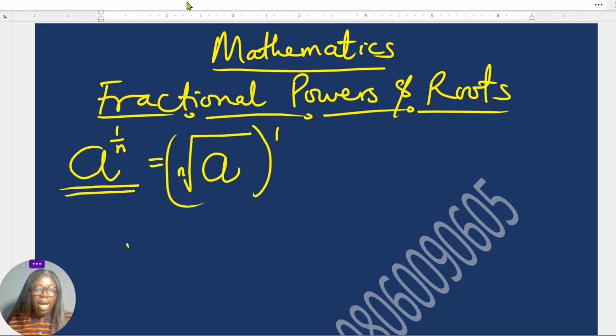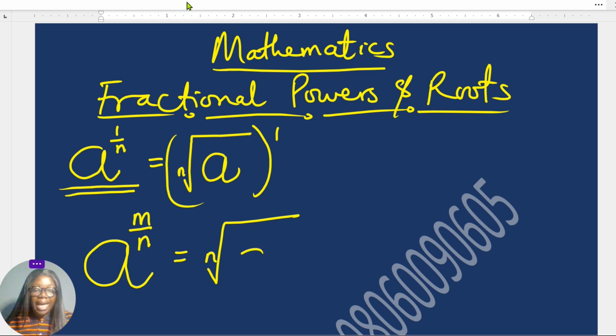Now, you can also have it come this way. The integer raised to power m over n. This is another fraction. So how will you simplify this? So that will be n root a all raised to power m. Can you see that?